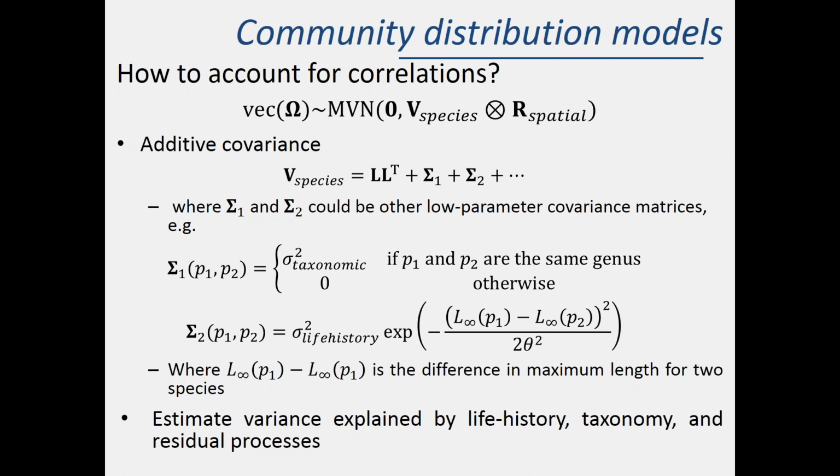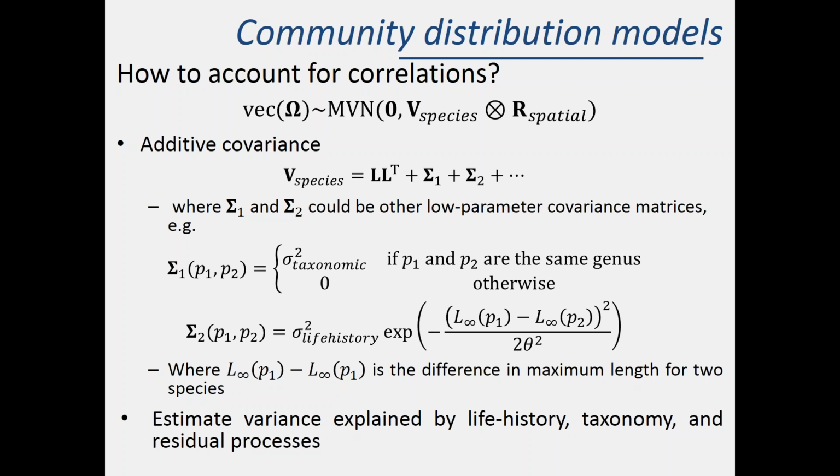And so if two species have the same asymptotic maximum length, which we indicate by L-infinity in fish, then this is 0. So e to the negative 0 is 1, and so they'd be highly covariant. And if they have really different asymptotic maximum size, then they'll have a very low covariance in this life history component.